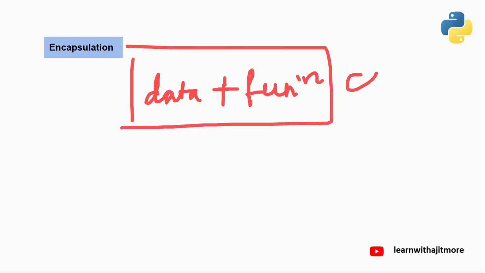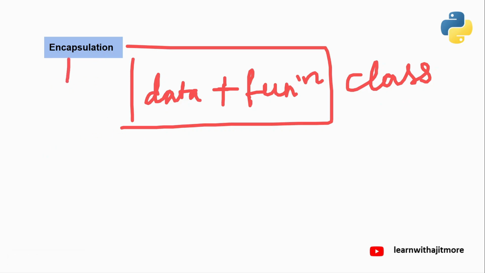Getting? So the mechanism of designing the class, in which you encapsulate the related functions and the related data, when you put it into a class, the process of creating that class is called encapsulation.